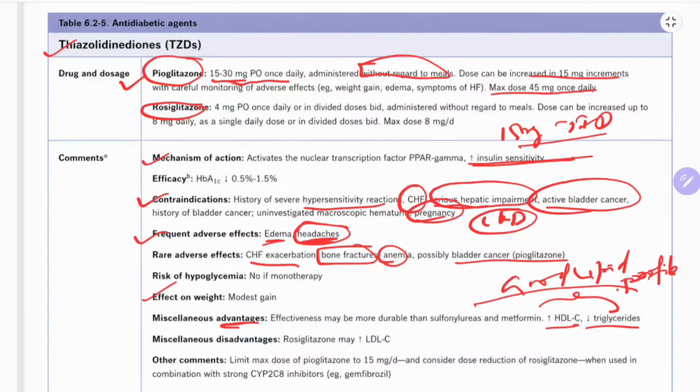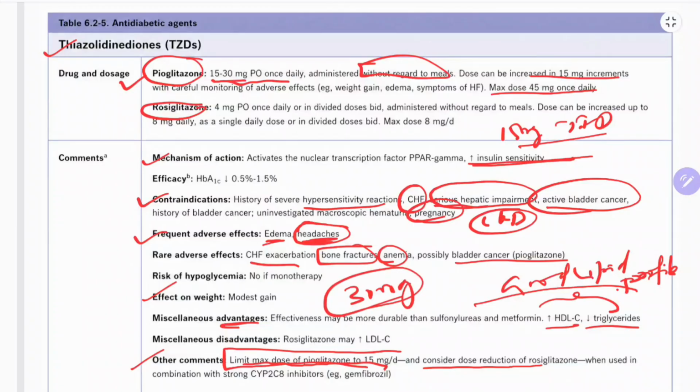That you should remember. Some comments: limit maximum dose of pioglitazone to 15 mg per day, and consider dose reduction of rosiglitazone. This is a very practical comment, because in my practice I have seen, if I just increase the dose to 30 mg, the patient will come with breathlessness. So this is very practical advice.